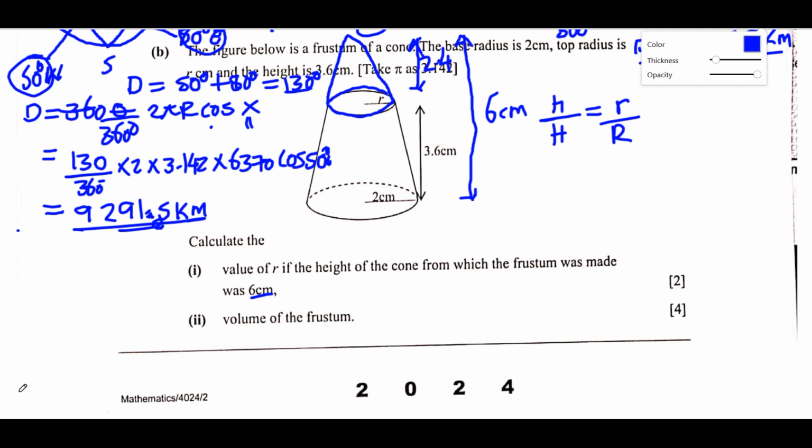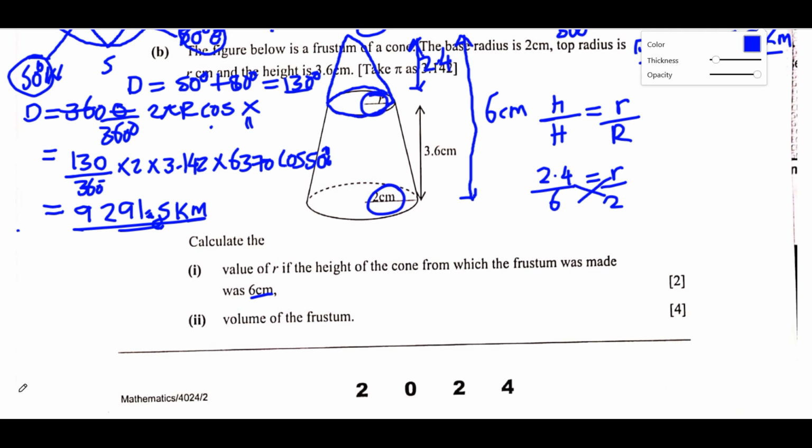So height of the smaller cone is 2.4, divided by height of the larger cone, which is 6, is equal to radius of the smaller cone, which we don't have, over radius of the larger cone, which is 2. So this is for the larger, this is for the smaller.